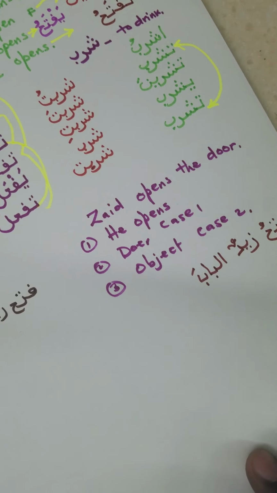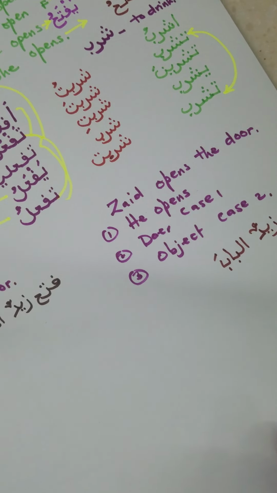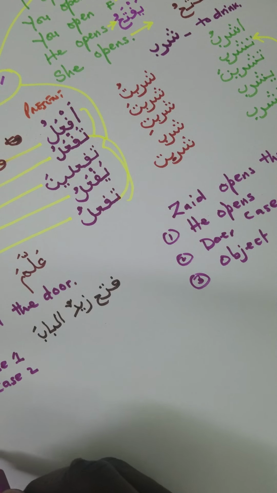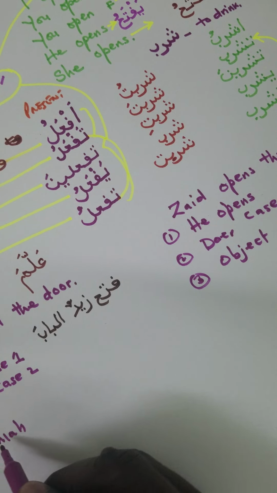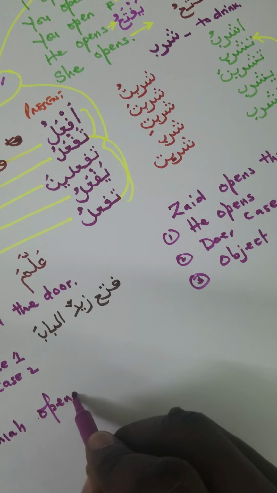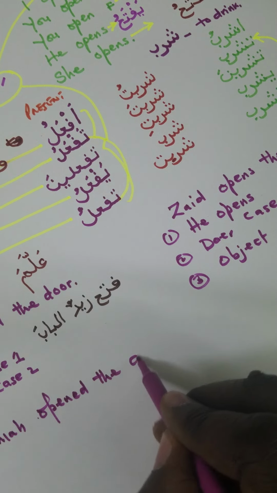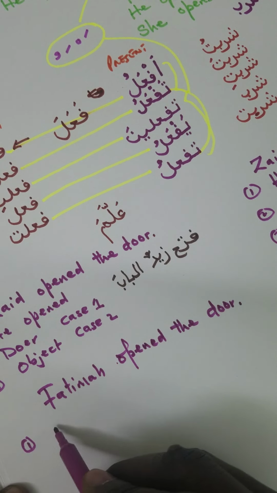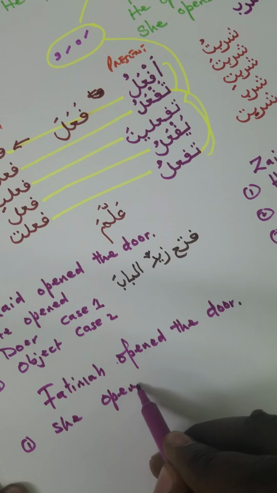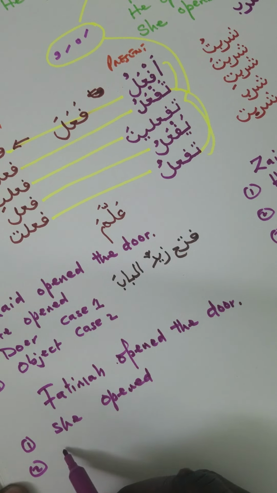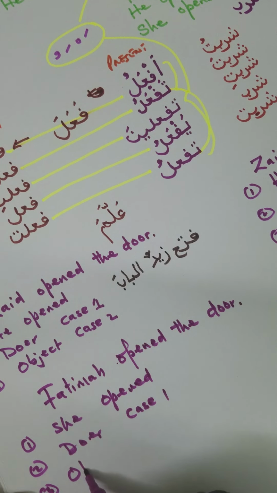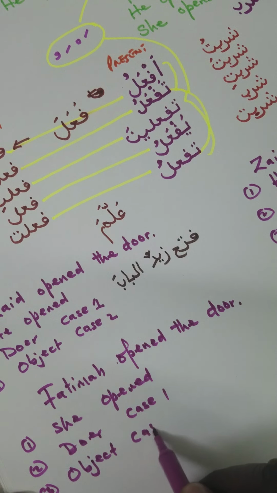Okay, we can also have another one, that Fatuma opened the door. First of all, we put she opened. 2, doer, case 1, object, case 2.